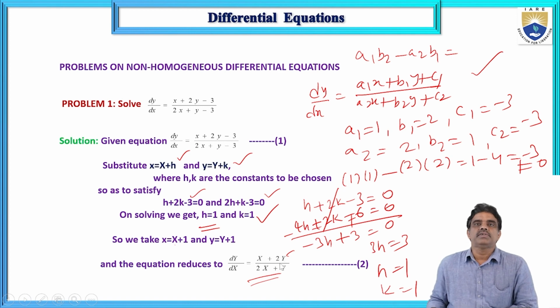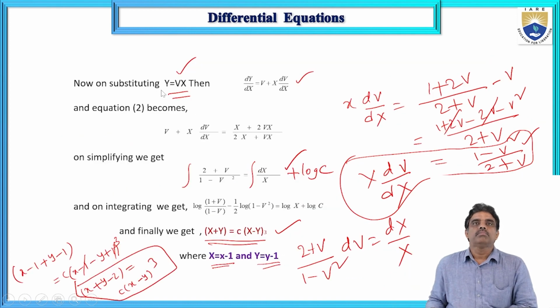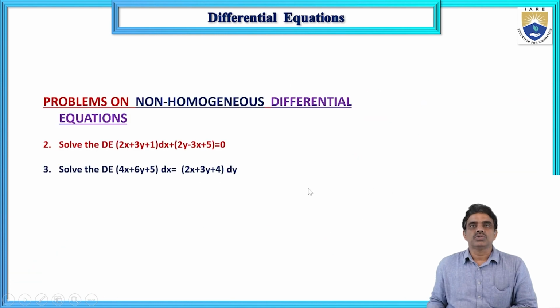And this homogeneous differential equation can be solved by taking y is equal to vx. So the entire equation will get into the variable separable form, v variables on the dv side and x variables on the dx side, and on integrating we will get the required solution.